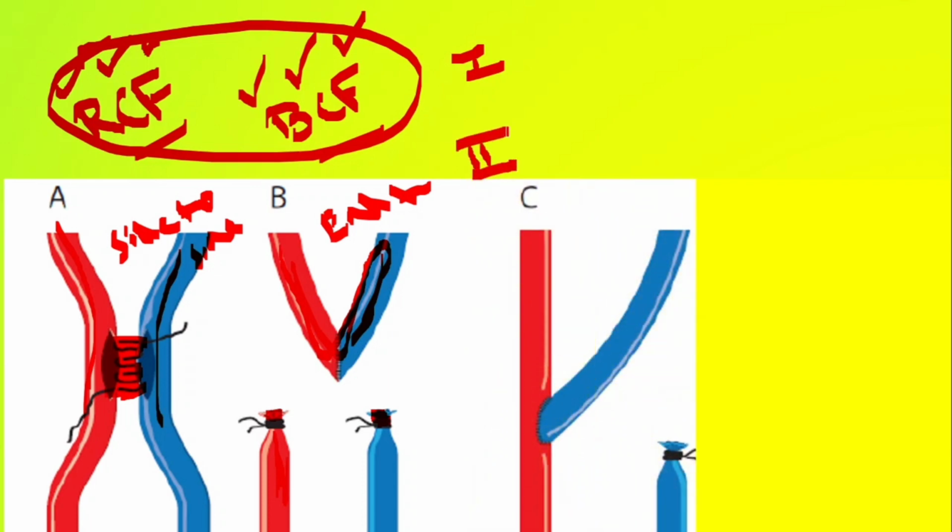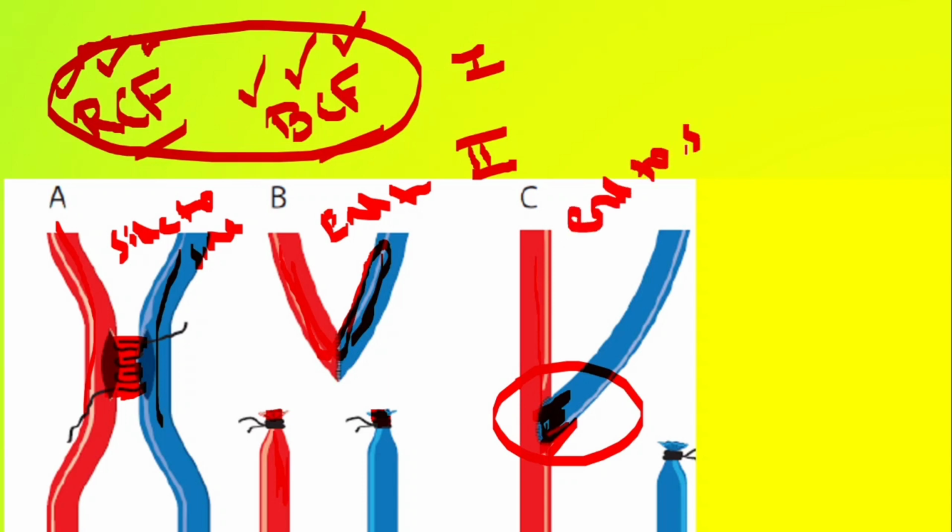The third one is end to side. One side of the artery is connected to the end of the vein. This is called end to side. Commonly side to side and end to side are used.